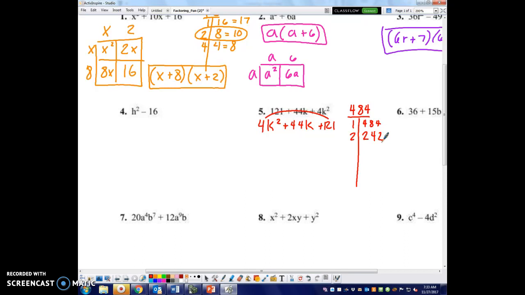So type in 484 divided by 3. Did that work? No. 484 divided by 4? 121. 484 divided by 5? 484 divided by 6?